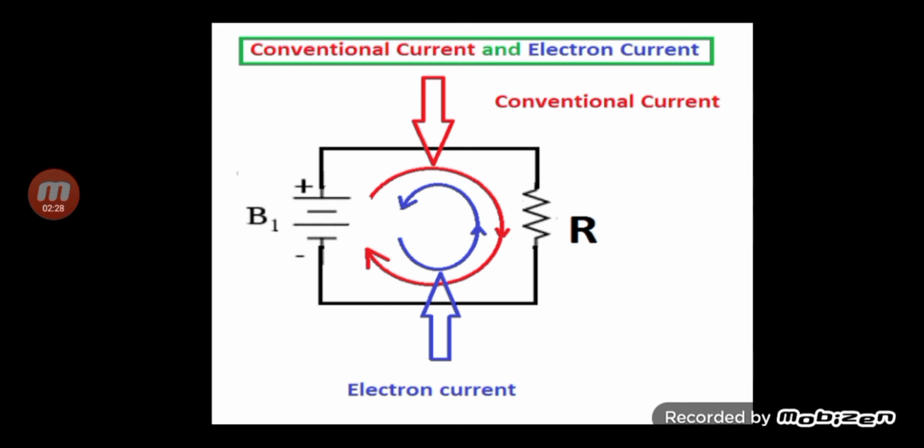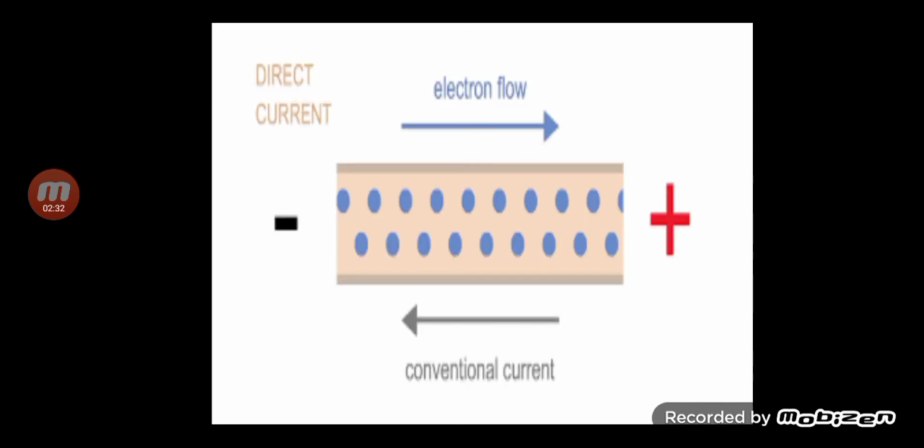That's why it is in clockwise direction. This is the simple diagram showing the movement of charges: electron flow, negative to positive, and conventional current, positive to negative.